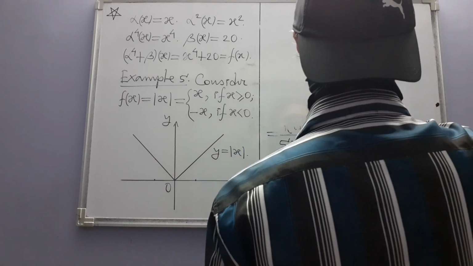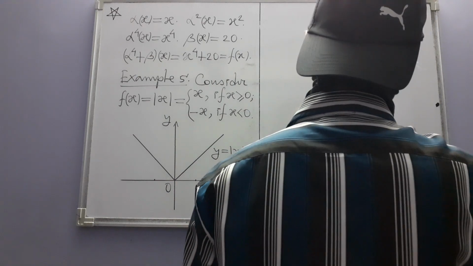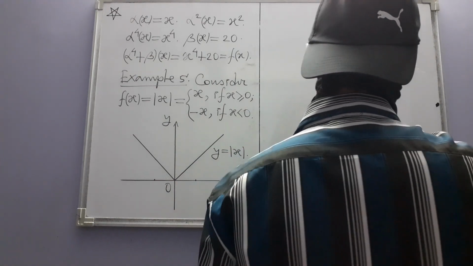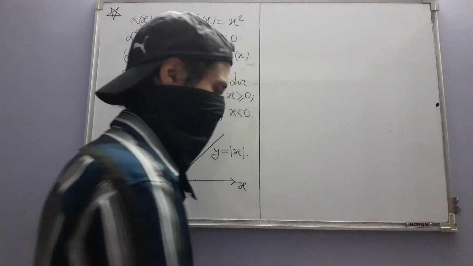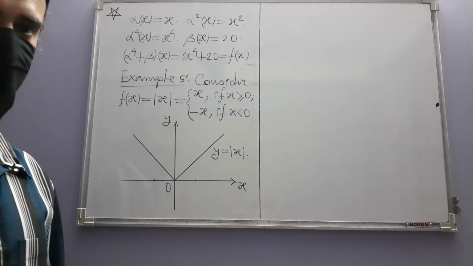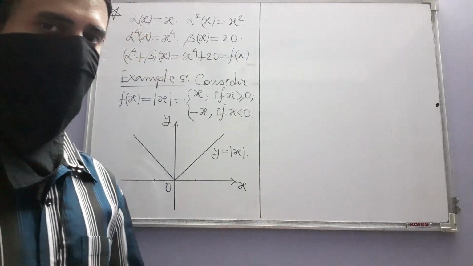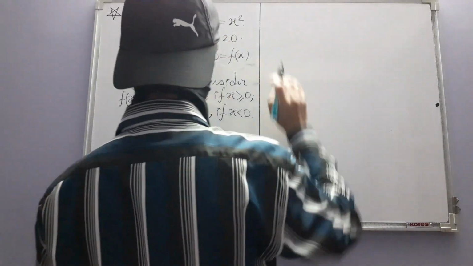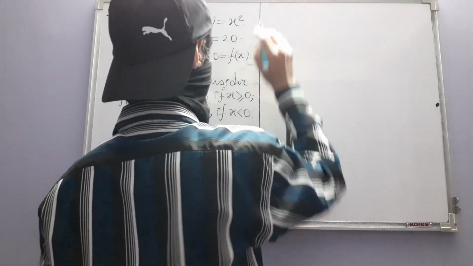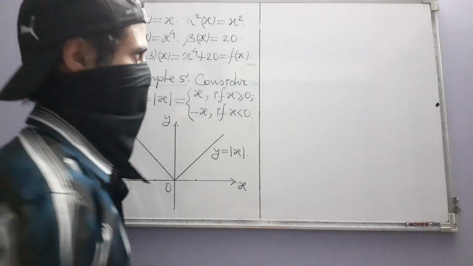Next comes the trigonometric functions, the collection of all trigonometric functions. These are much more complicated than polynomials or rational functions. These are neither polynomial nor rational functions. So this is an example.